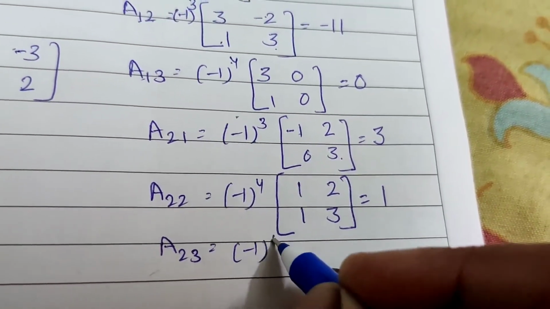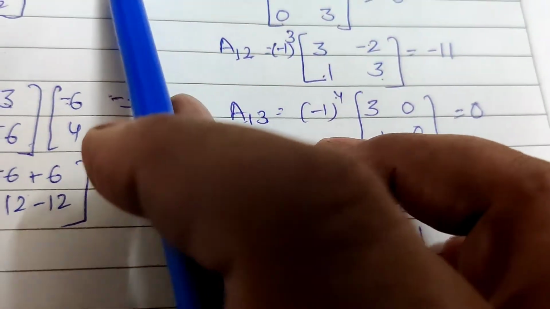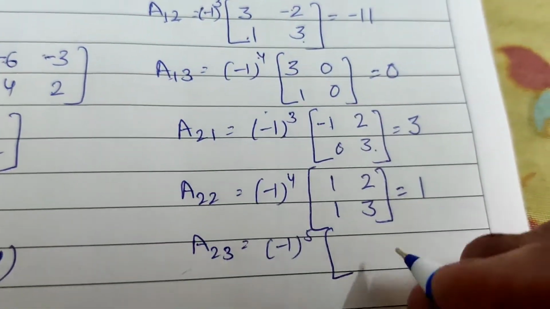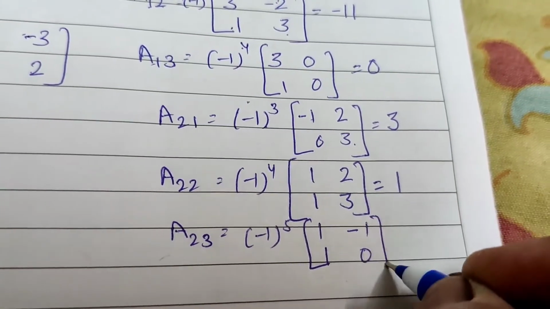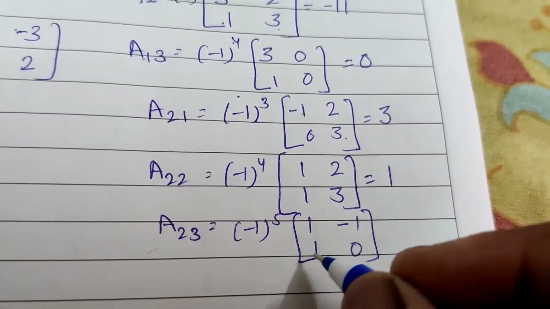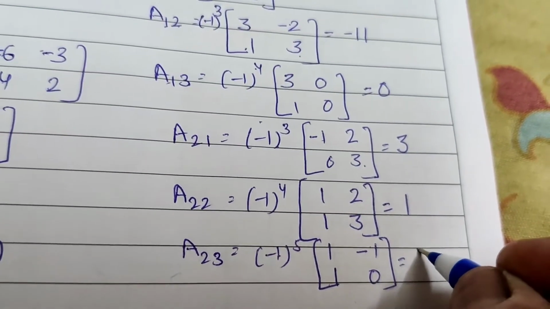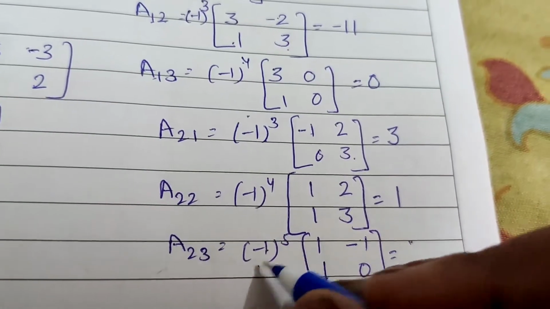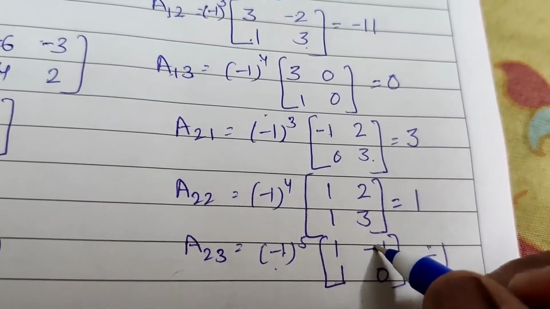minus 1 raised to power 5, second row third column, 1 minus 1, 1, 0. It is minus 1 and minus 1, it is also equal to 1, minus 1 plus 1.